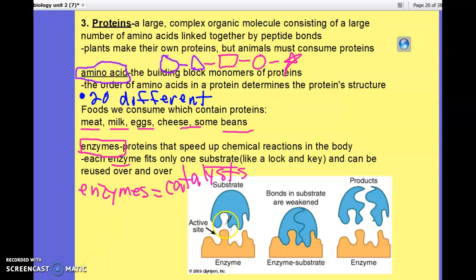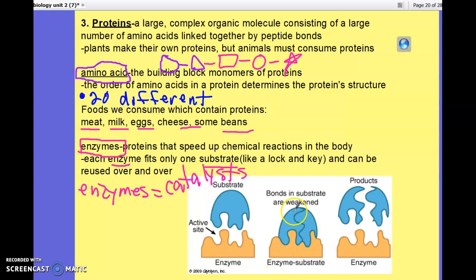So you can see my little picture here. The enzyme has a very specific shape and the active site is where that substrate, that molecule, maybe it's a food molecule, maybe it's something else, is going to match that substrate shape.